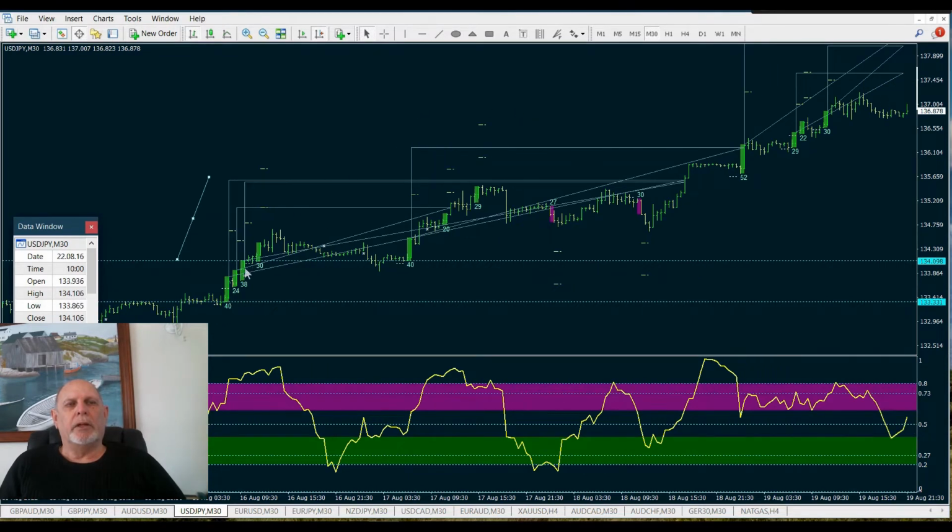Pretty much there's the odd one of these that don't retrace, but most of them do come back and touch that top line. Some of them come right back down to here to the stop level and then take off. But my suggestion on that one is take the trade.